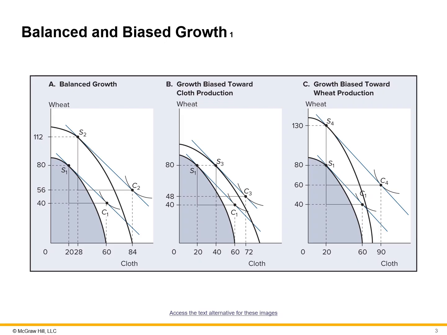And graph C denotes the growth bias towards wheat production. So the x-axis denotes the cloth, and the y-axis denotes the wheat. There are four plots lined out. So you have two decreasing curves again as you continue to look at how this is affecting.